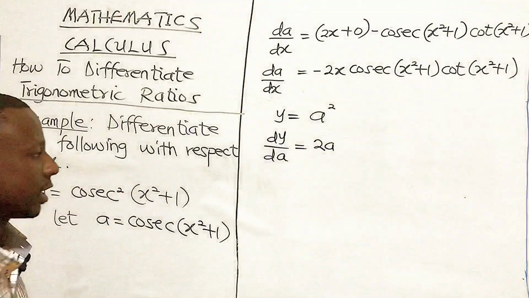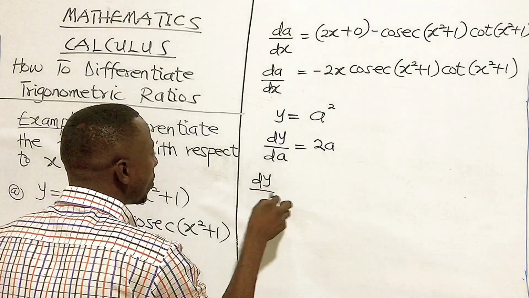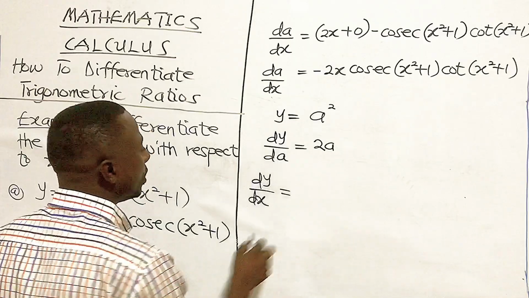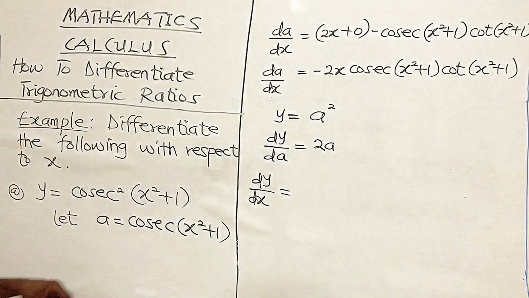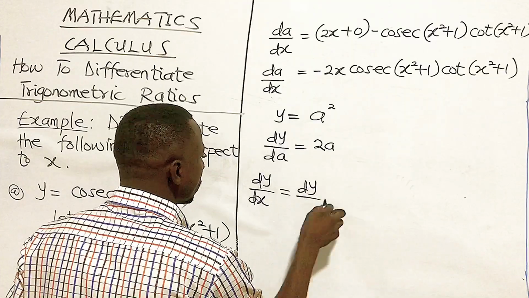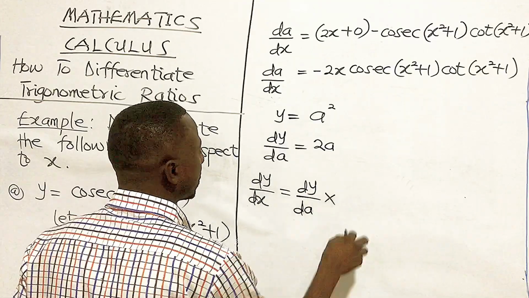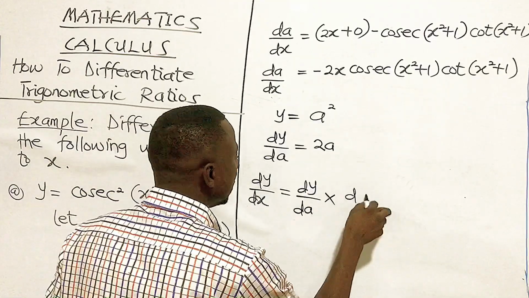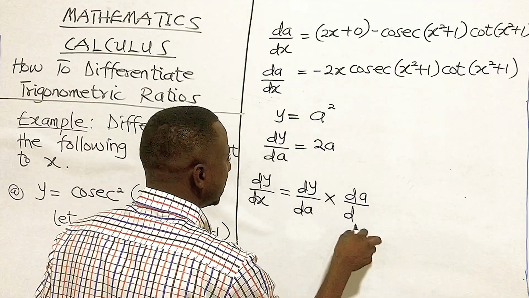So over here, dy over dx is going to be dy over dA multiplying dA over dx.